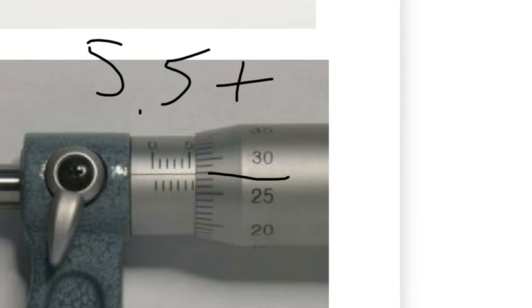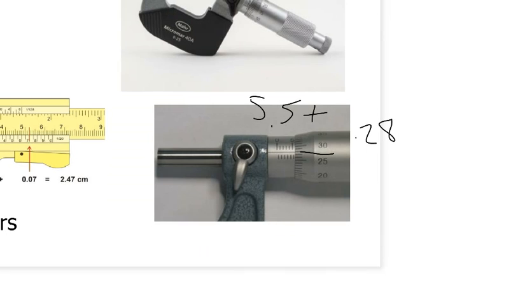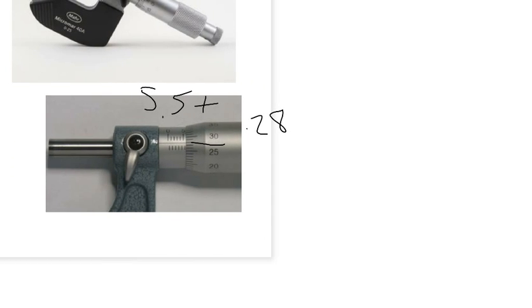So that one is going to be 28 hundredths. So 0.28. So we've got 5.5 plus 0.28. That's going to equal 5.78, is what we would say is the reading on that device.